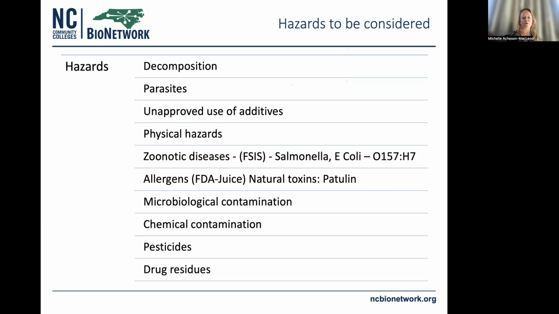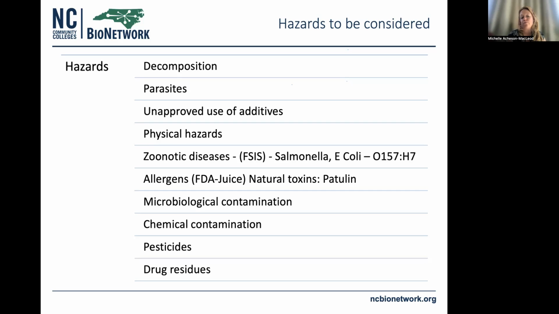Not a good idea. So we're only going to use our safe additives. We have to look at our physical hazards because we don't want things like rocks or glass or something that could choke someone or physically hurt someone ending up in their product. Zoonotic diseases. We know that Salmonella and E. coli are some big problems when it comes to our meat manufacturing process. And so we have to plan for that.